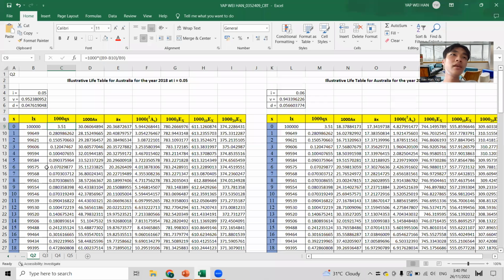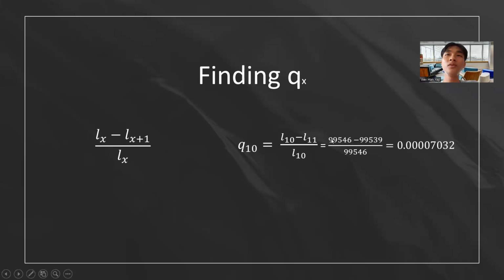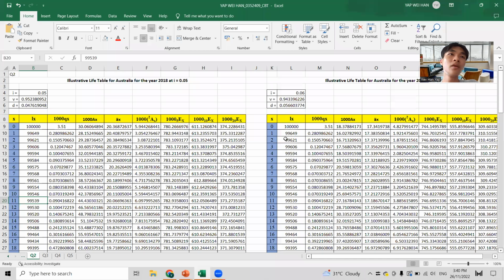So I find the numbers of l10 and l11: 99546 minus 99539 divided by 99546, I'll get 0.00007032. Then let's check our answer. Our answer is the same as 1000 qx, but in our case, I just find qx.